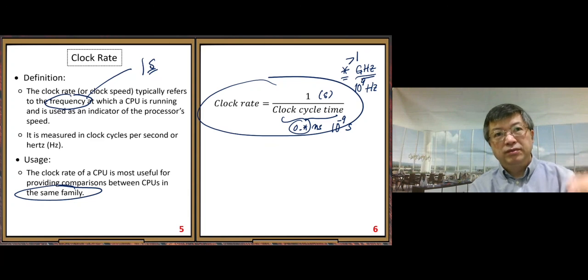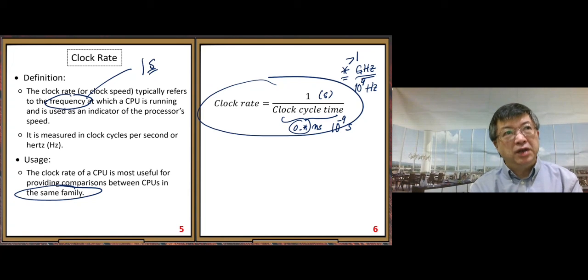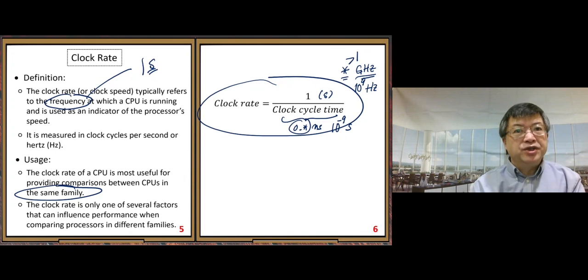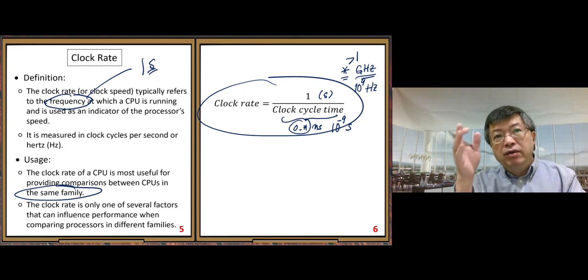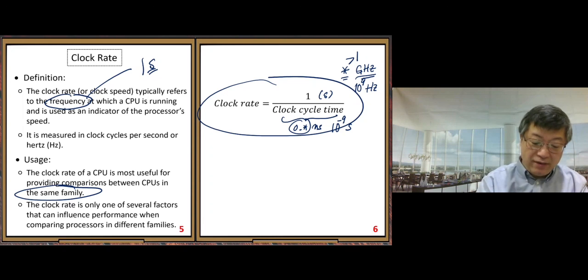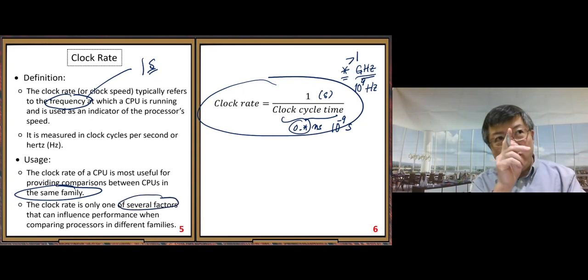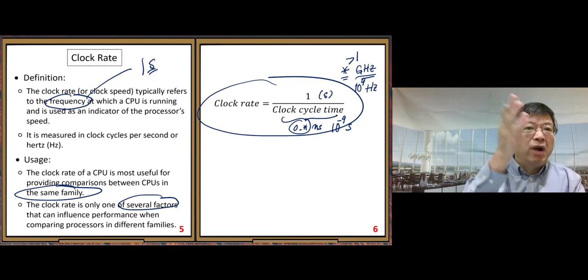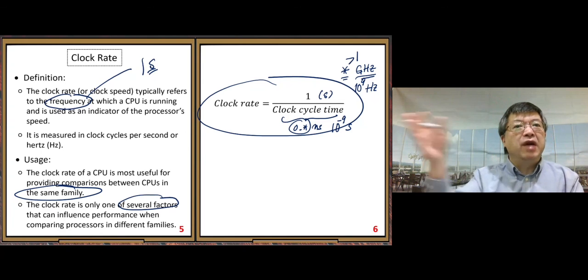This sentence tells you that the clock rate is only one of several factors that can influence performance when comparing processors in different families.